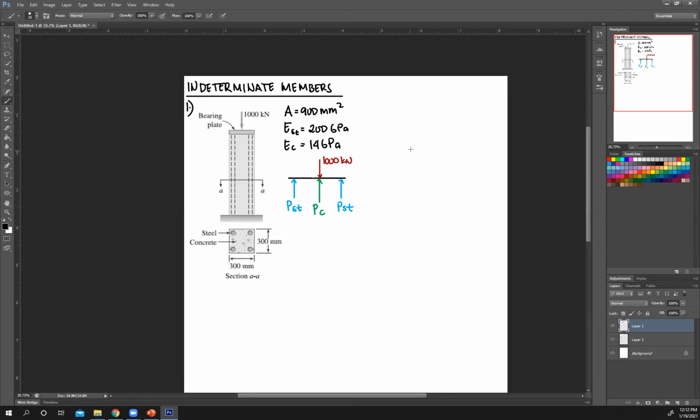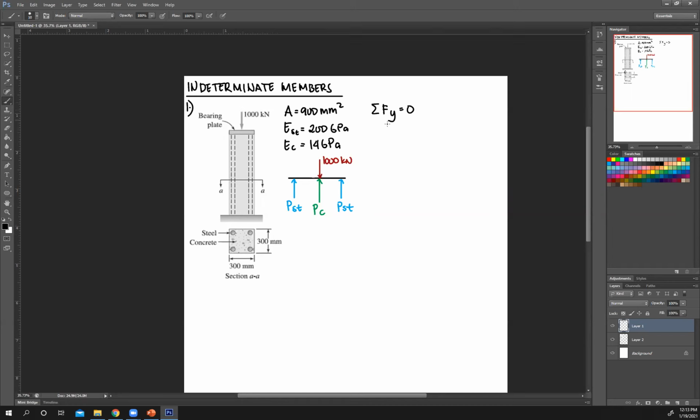After that, knowing that these are your reactions, you can start writing out your equilibrium equation. So here, summation of forces, Y, since they're all vertical, or V equals 0. So the number of reactions for your steel would be 4 because there's 4 steel bars. So all of these steel bars will counter this force.